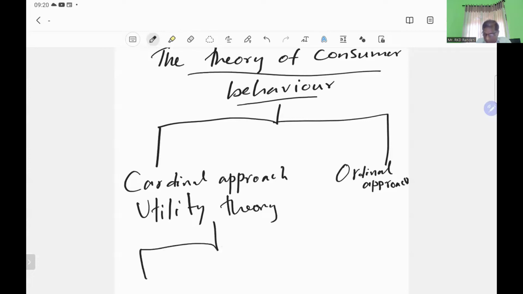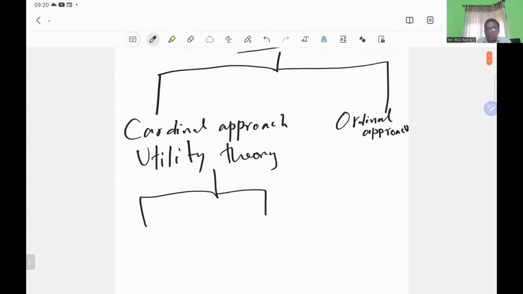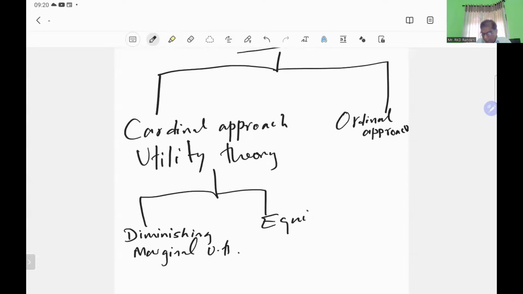There are another two theories: diminishing marginal utility theory, and the other one is equimarginal utility theory.